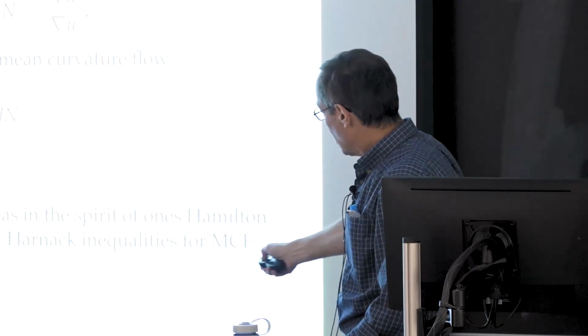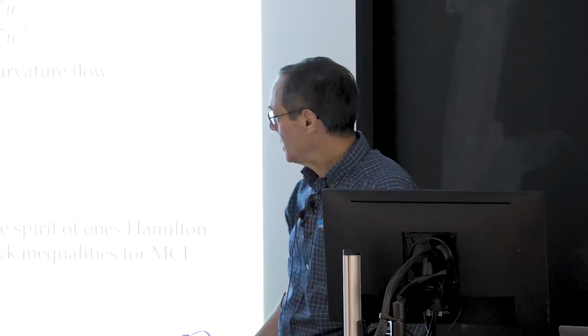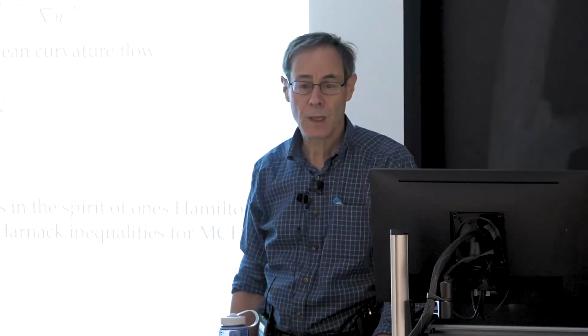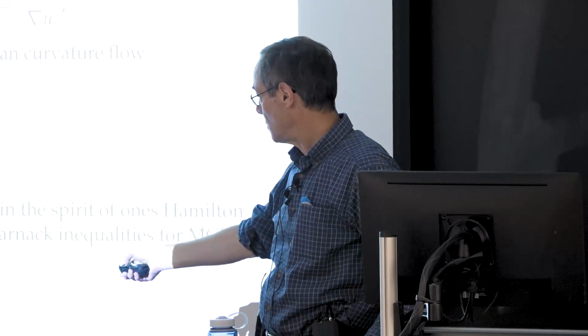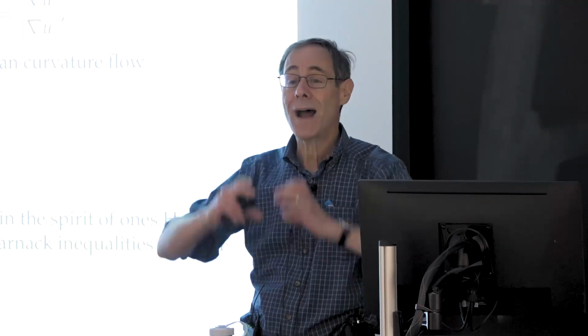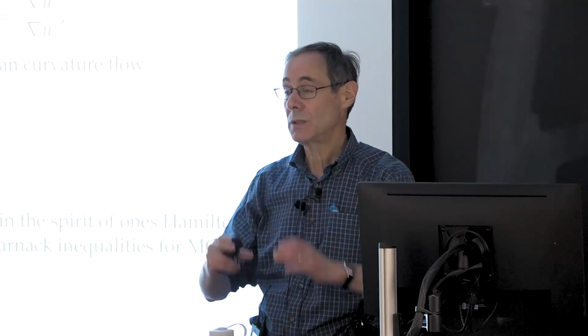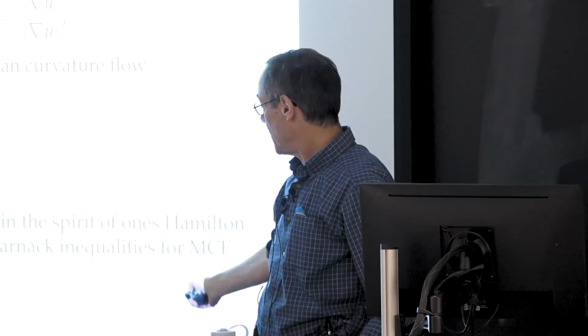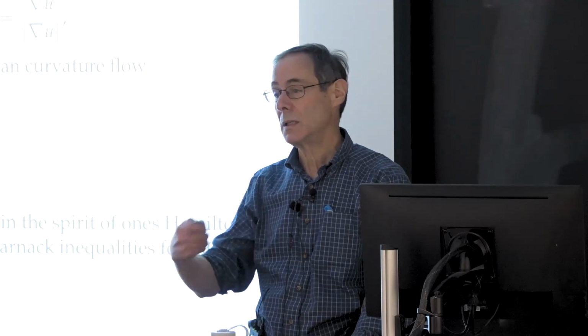And so the suggestion, and I drew some pictures of it last time, is that we should look for formulas in the spirit of the ones that Richard Hamilton used when he studied mean curvature flow and Ricci flow. In particular, we really like the idea of finding pinching theorems, which say that things are going to get rounder and more rigid as we go towards the ellipsoid, and Harnack inequalities, that the gradient is bounded away from zero in some quantitative sense.